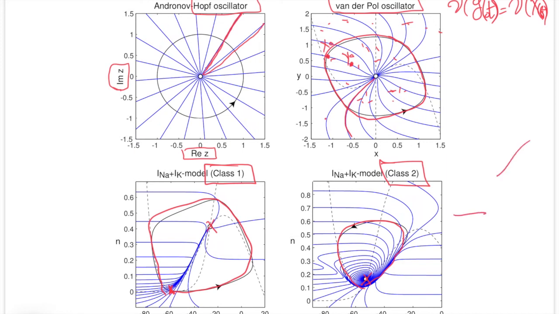This is class 2 and the other one is class 1, and there is a big gap here for the frequency in class 2 neurons. And you can see that the isochrones are also different for them, and you can take a lot of information out of the states of the system that are in those regions of the phase plane of the system.